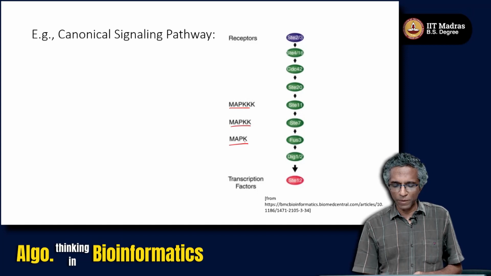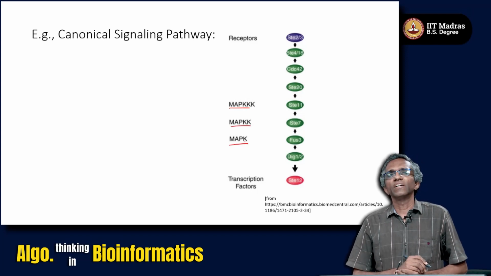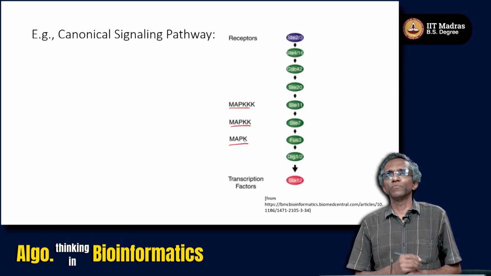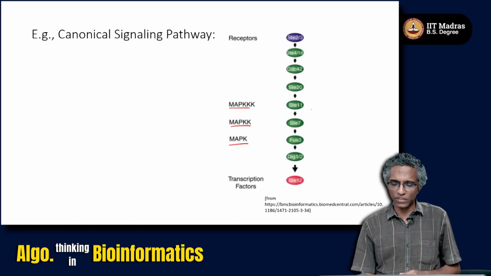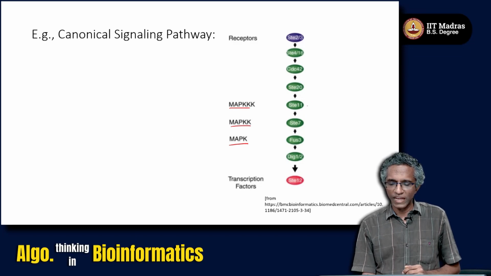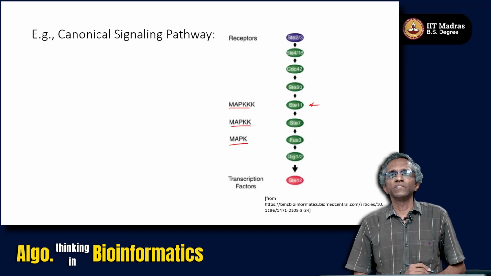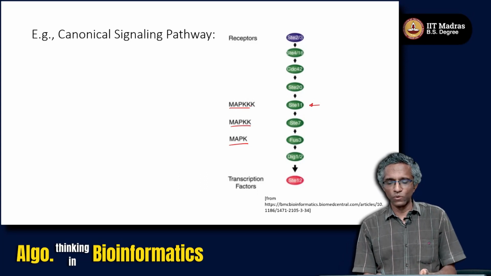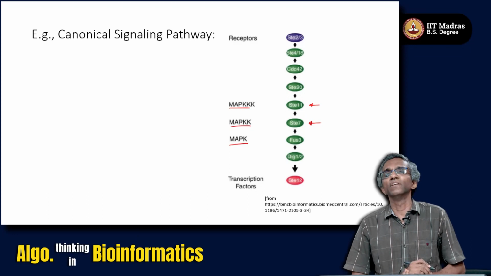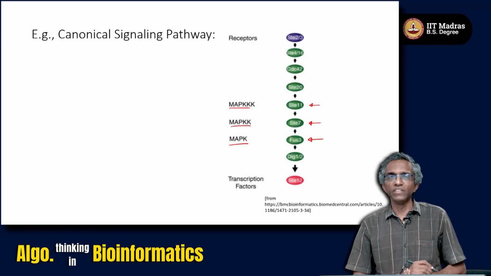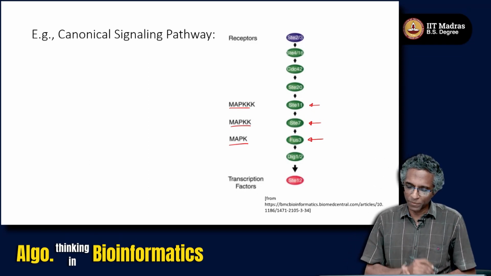MAP double K, MAP K are all these different kinases, and there are specific proteins that can perform the role of these kinases. So, in this particular case in yeast, STE11 is performing the role of this MAP triple K. STE7 is a protein that is performing the role of this MAP double K, and Fus3 is a MAP kinase, okay, MAP K protein.